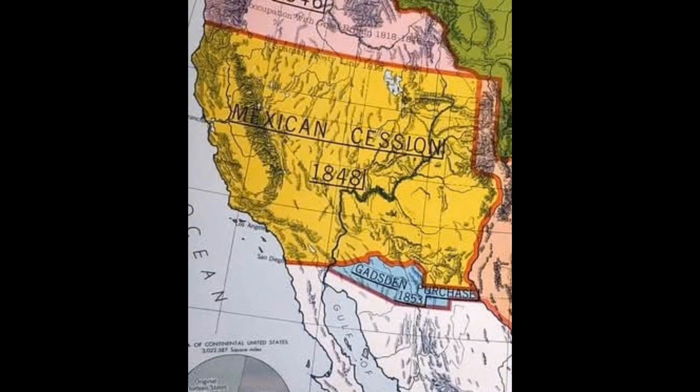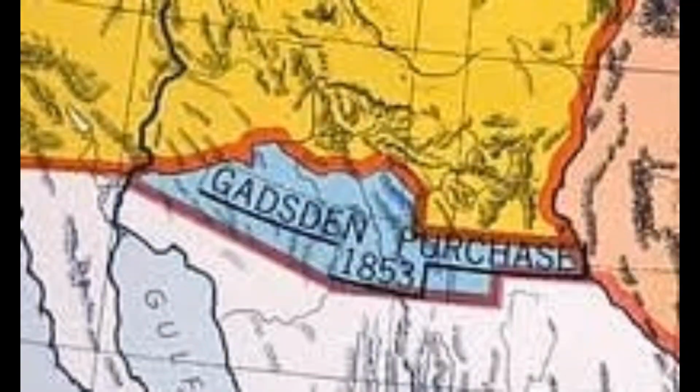So this last little bit, I really don't know a whole lot about other than the Gadsden Purchase, as you can look at it here, is sort of the southern tips of New Mexico and Arizona. This was purchased in 1853 and was the finality of the continental land being bought, warred over, or purchased.